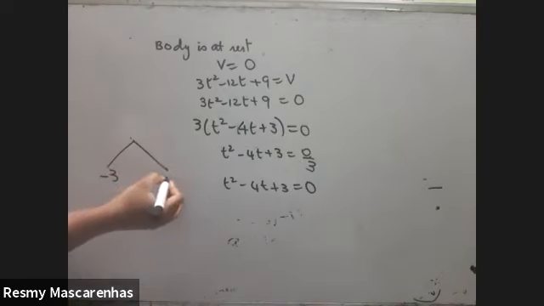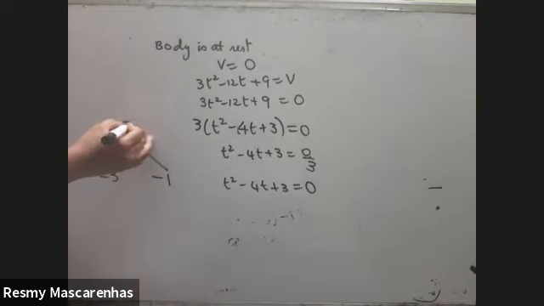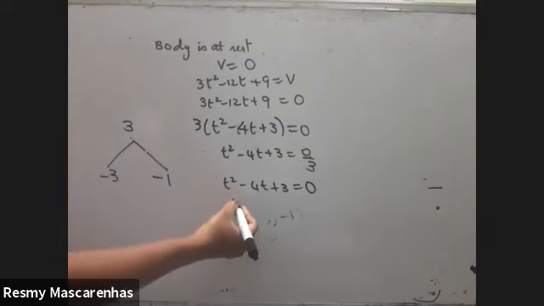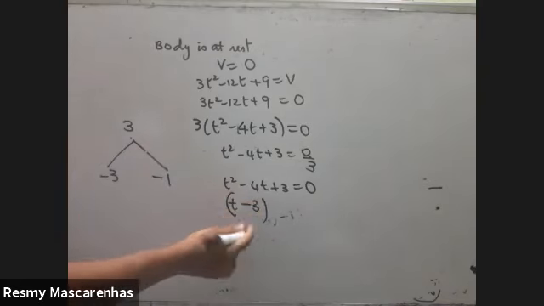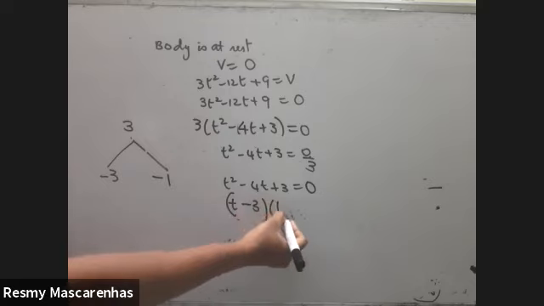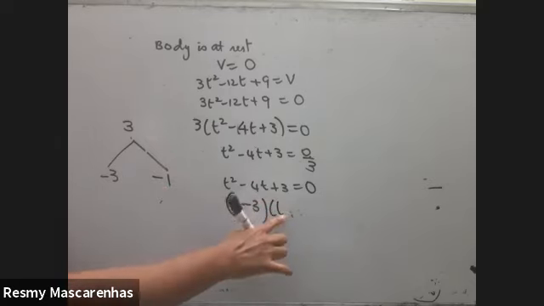Minus 3 and minus 1, because both have to give me minus 4. So directly you can write like this, shortcut. Or you can do the long method of splitting the middle term. But while writing, make sure you are using the right sign. Minus 3 means minus only will come here. If this was plus, that would be plus.